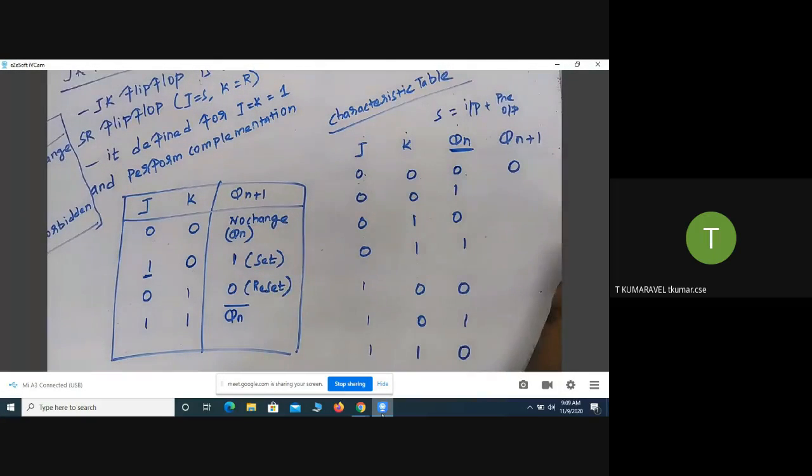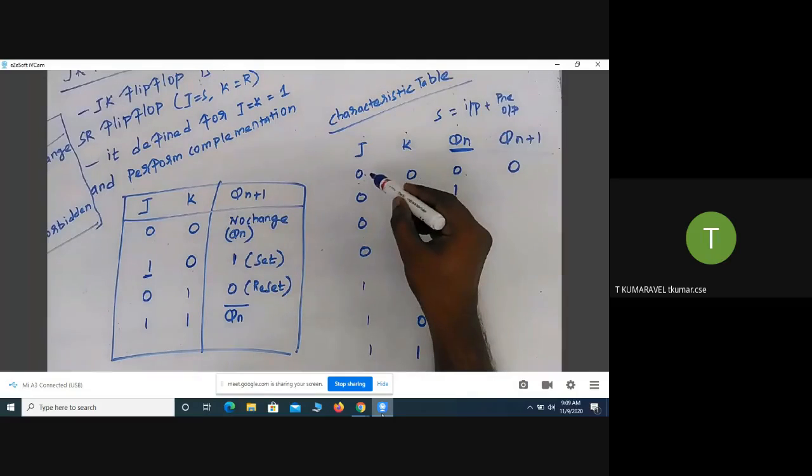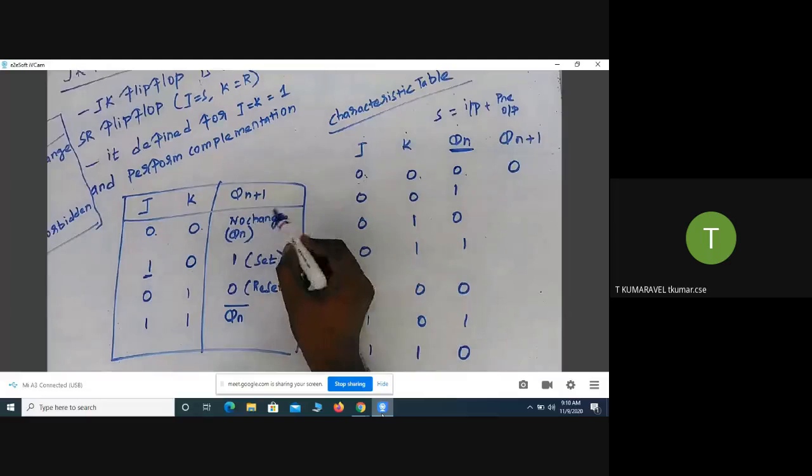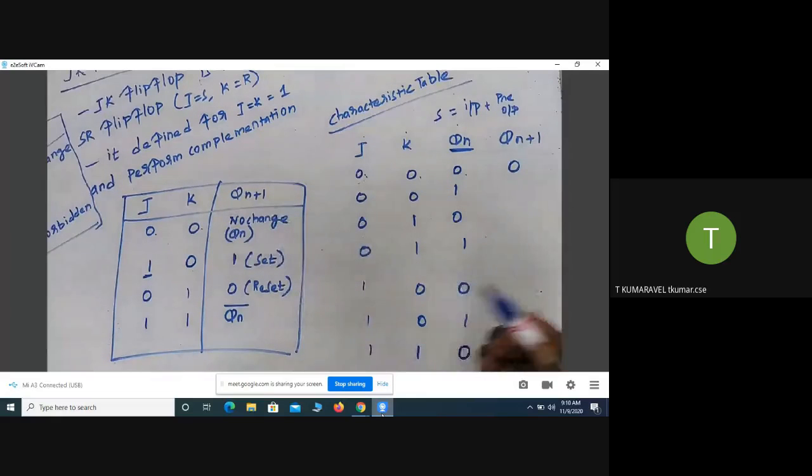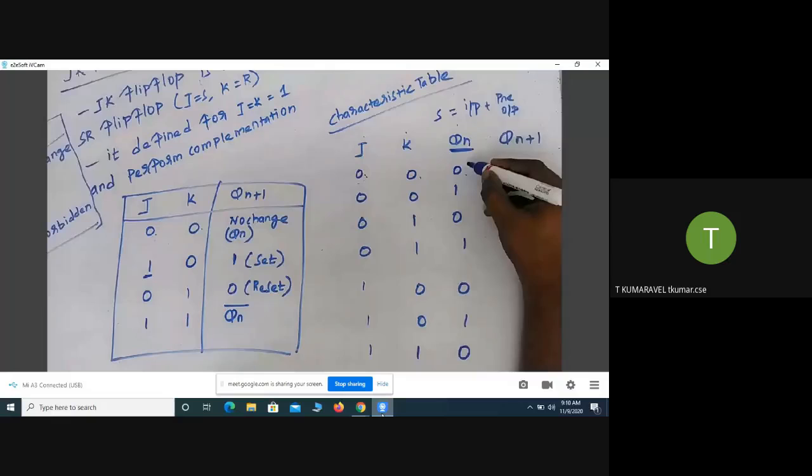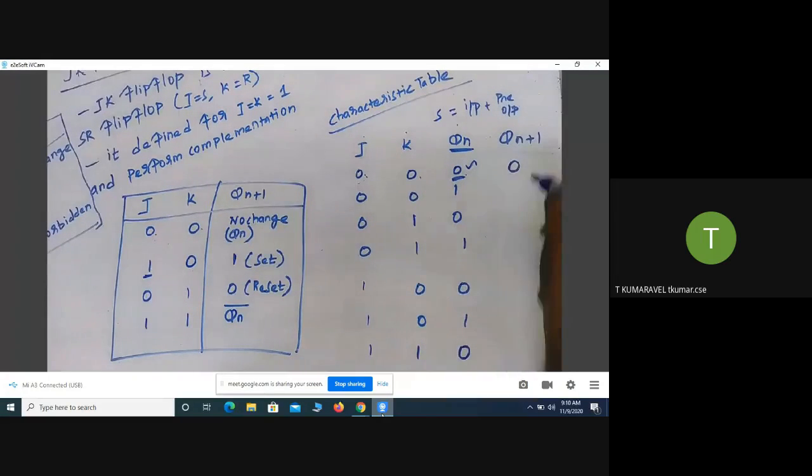My J equals 0 and K equals 0. If that is there, it will retain the previous stage, meaning whatever the previous output value was, it retains. Q1 is otherwise called the previous stage output. What is the previous stage output? 0. That's why I write 0. Is it okay for you?